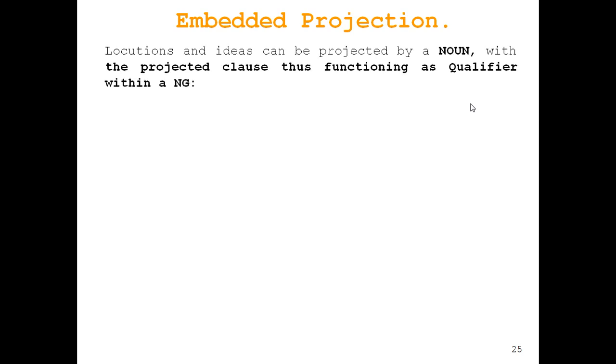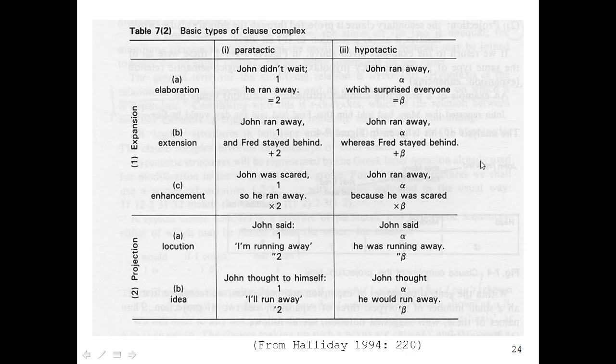I've told you before, at the start of this video lecture, that when you want to approach projection, you're encouraged to see it as an alternative way of enacting logical semantic relations, and the alternative is expansion. This is confirmed by the table here: you see either expansion or projection.